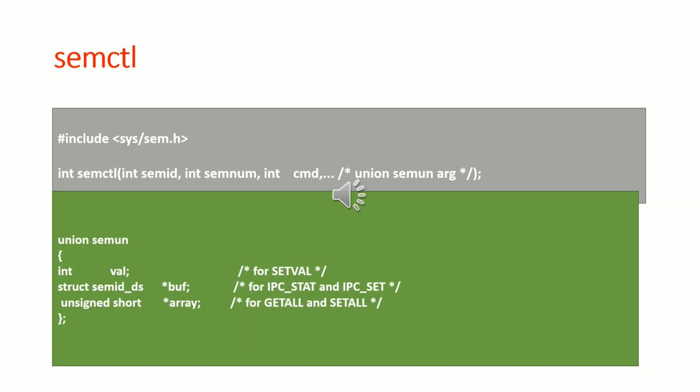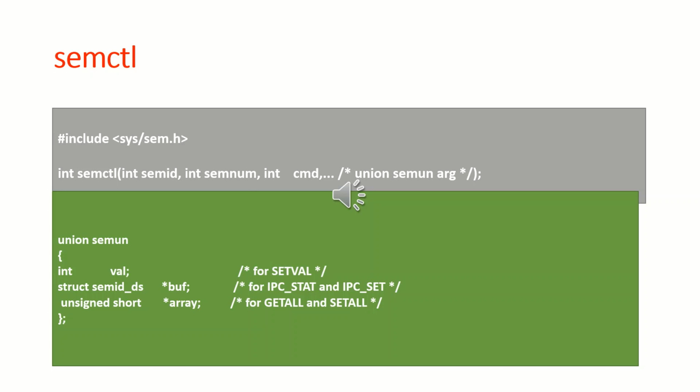The semctl function contains int semid, int semnum, and int cmd. The union semun is the fourth argument.